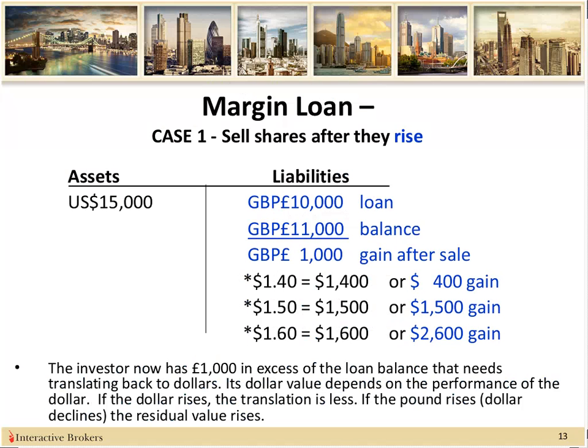Assuming the exchange rate remains stable, the pound sterling profit becomes a $1,500 gain for the customer. Should the dollar lose value and fall to $1.60 per British pound, the rise is magnified to a $2,600 gain. But a rise in the value of the dollar to $1.40 per pound erodes that gain to just $400 upon conversion.